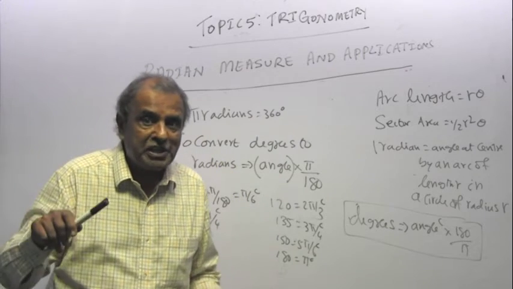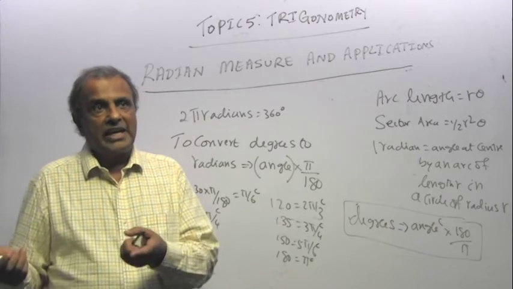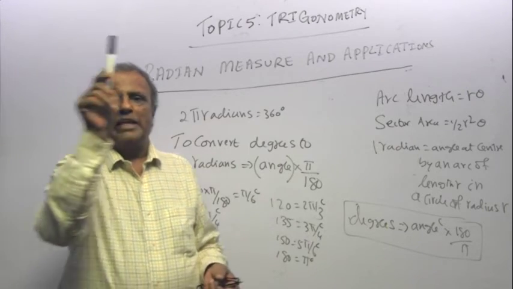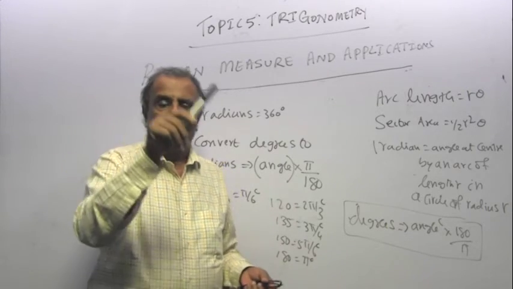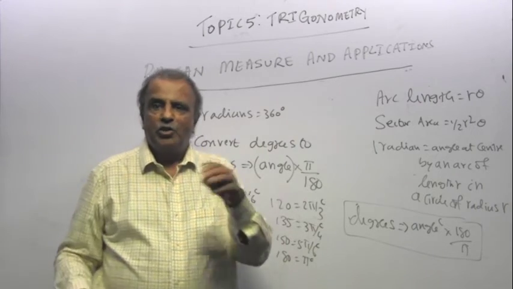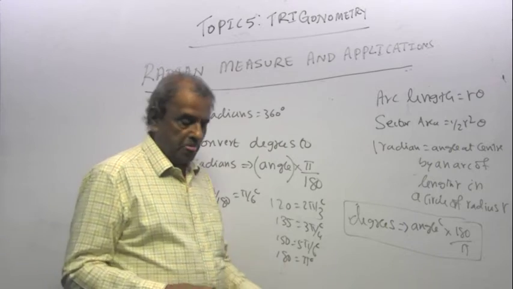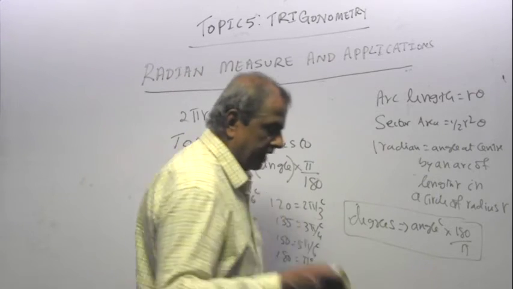They may not mention radians, but they do most of the time. In which case, if they don't mention, go by the domain given. The moment you see pi, you know it is radians. Change your calculator to radian mode and do it. Then your PV, everything will be in radians.